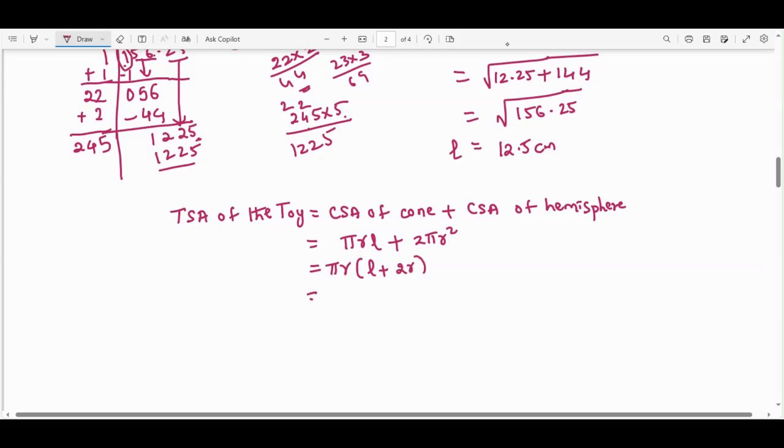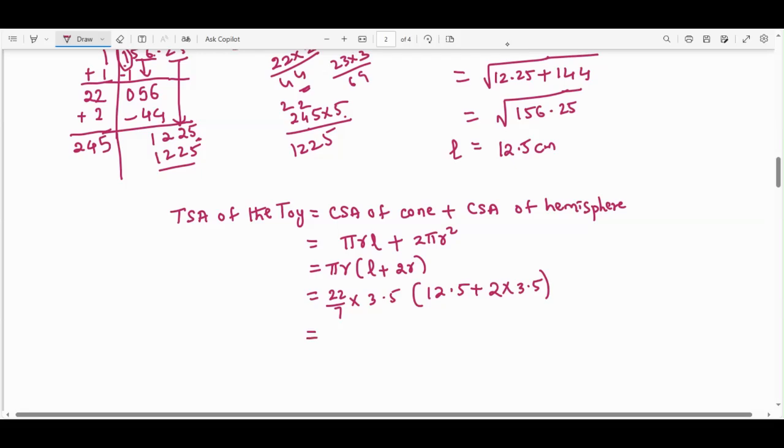Now substituting the values, we get pi is 22 by 7, r is 3.5, then L is 12.5 plus 2 into 3.5.